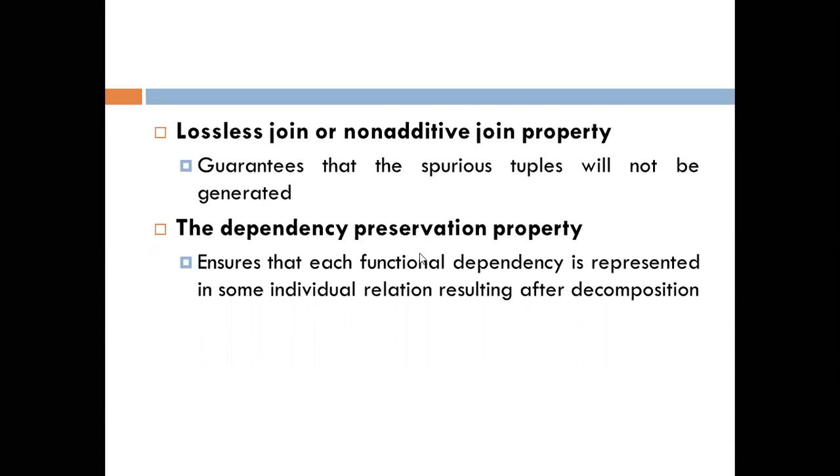If we decompose the table, meaning we divide the table during the process of normalization, then in running the queries, if you want to join those two tables again, it must guarantee that spurious tuples will not be generated. A spurious tuple is nothing but a tuple that doesn't obey the rules of the application.